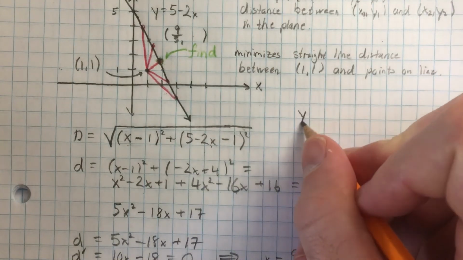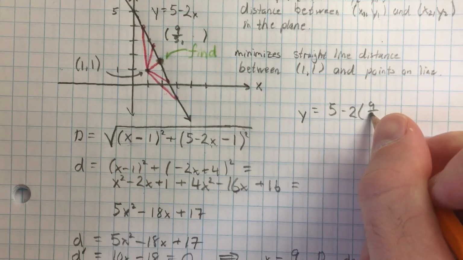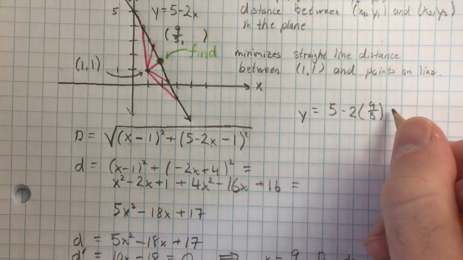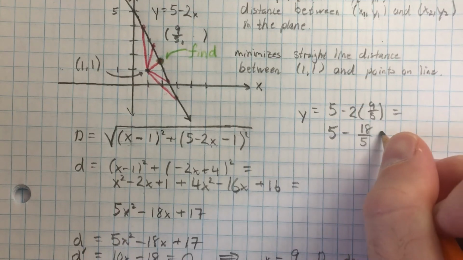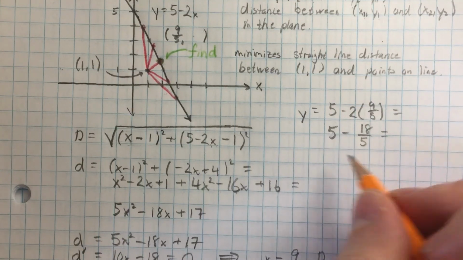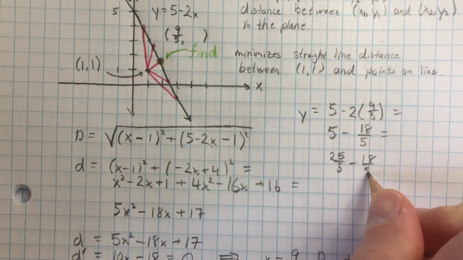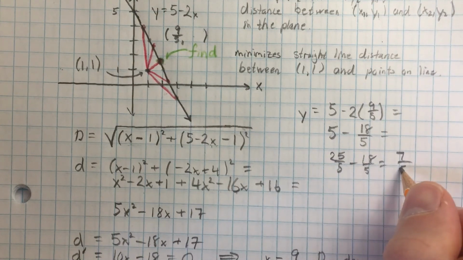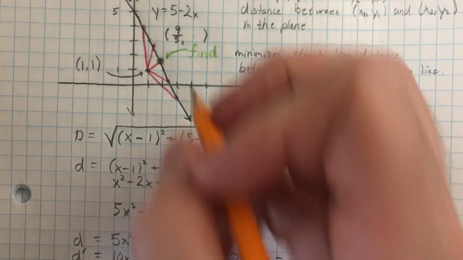So we would have y equals 5 minus 2 times 9/5. So we'll have 5 minus 18/5. Giving a 5/5 to this, we'll have 25/5 minus 18/5, which is 7/5. All right, so we got 9/5, comma 7/5.